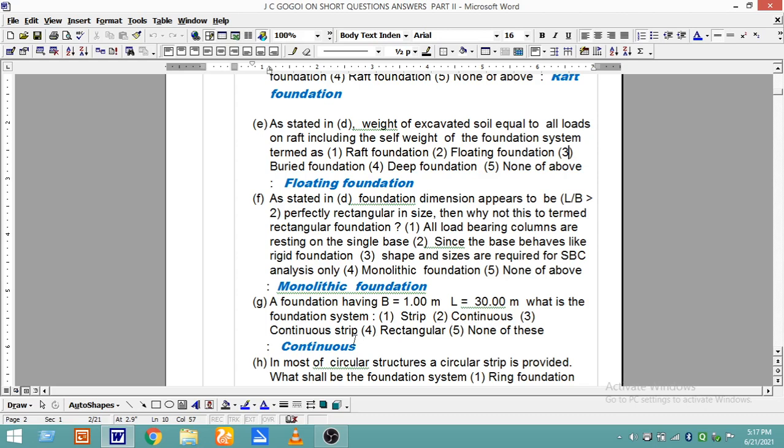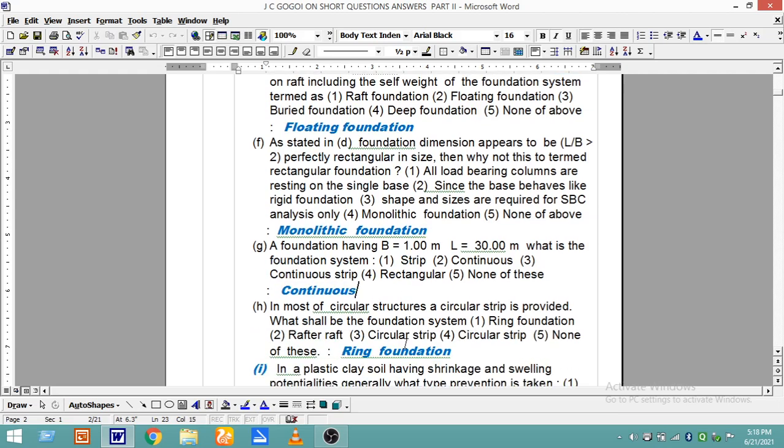The answer is continuous. It is not continuous rectangular nor continuous strip. It is continuous foundation.